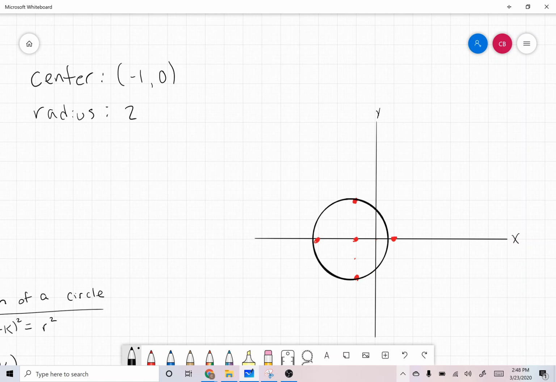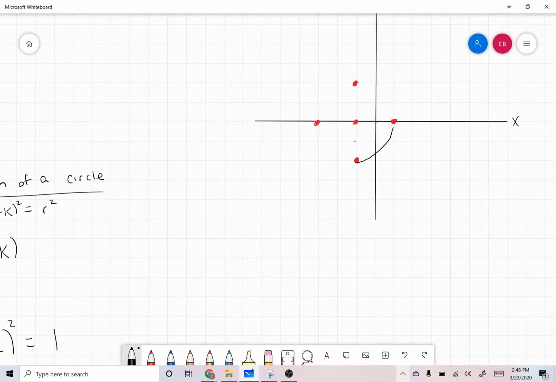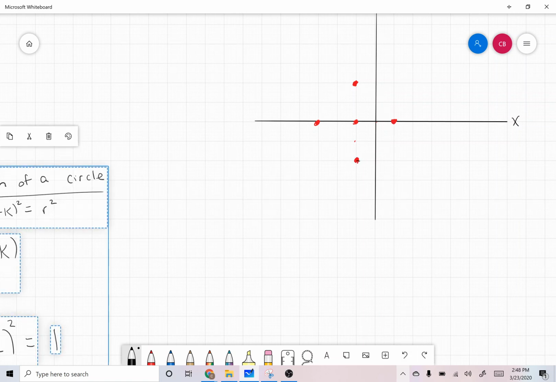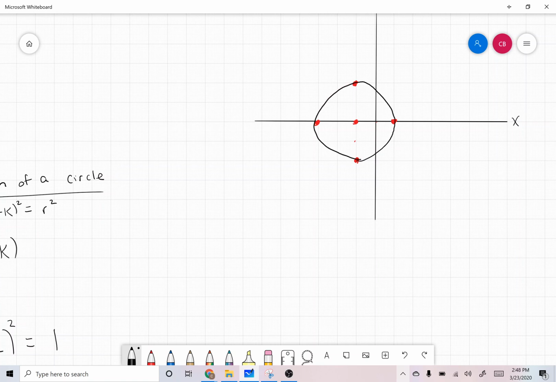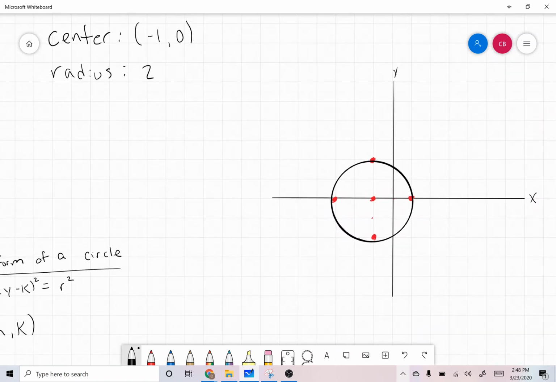Let me do this one more time, try to get this a little bit better. There we go, that's a little better. Then we will have a circle graphed out with a center of -1, 0, and a radius of 2.